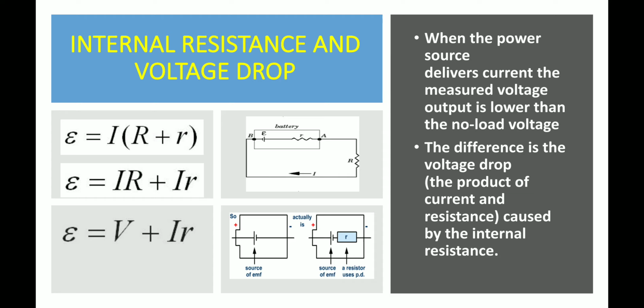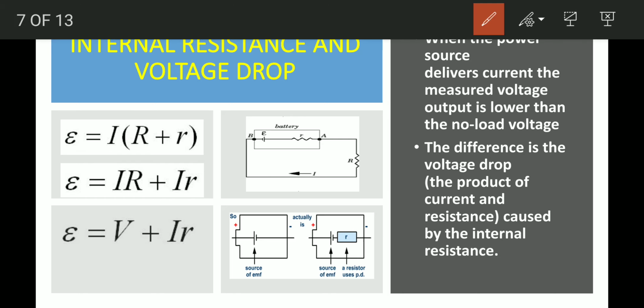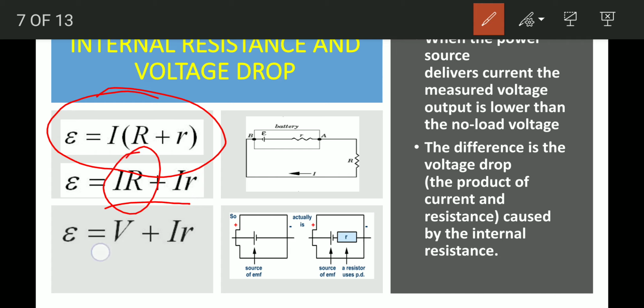As mentioned earlier, voltage drop will be observed whenever the circuit is closed and the current is drawn. And this voltage drop occurs due to the internal resistance. So here the expression of EMF you write in this way. On opening the brackets, you get this, where IR is the terminal voltage and small Ir is the voltage drop.